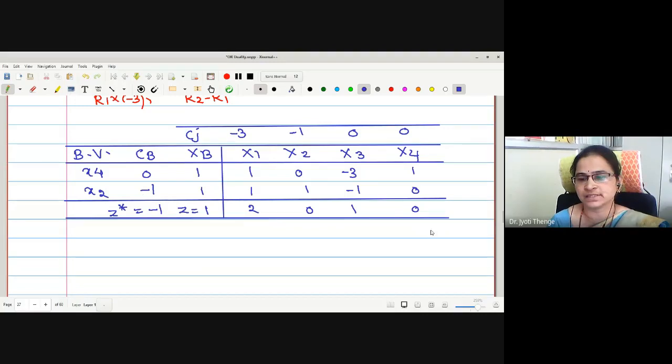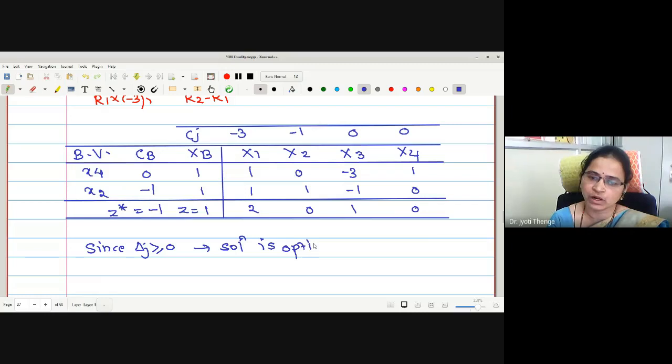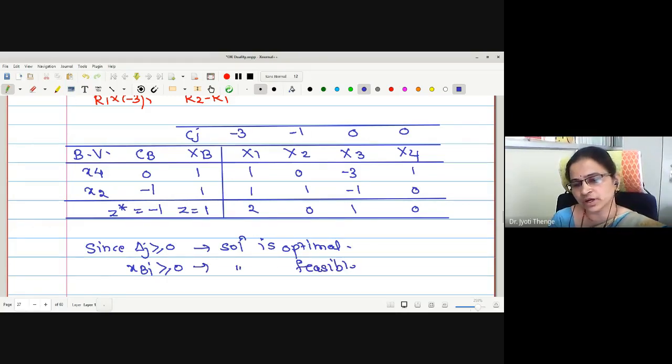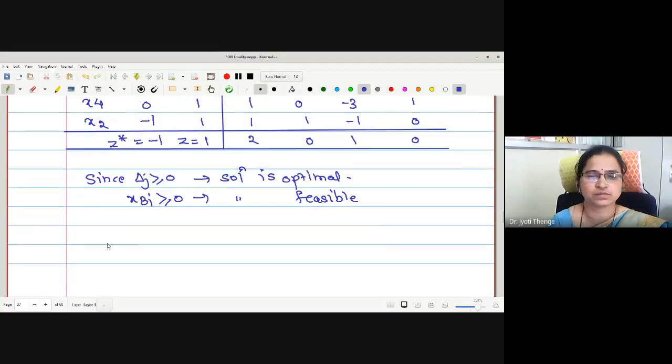Since all delta j's are greater than or equal to 0, the solution is optimal. Correct, no? And how is feasibility ensured? XBi is non-negative, so the solution is feasible. So what kind of solution have we obtained? Optimal basic feasible solution.